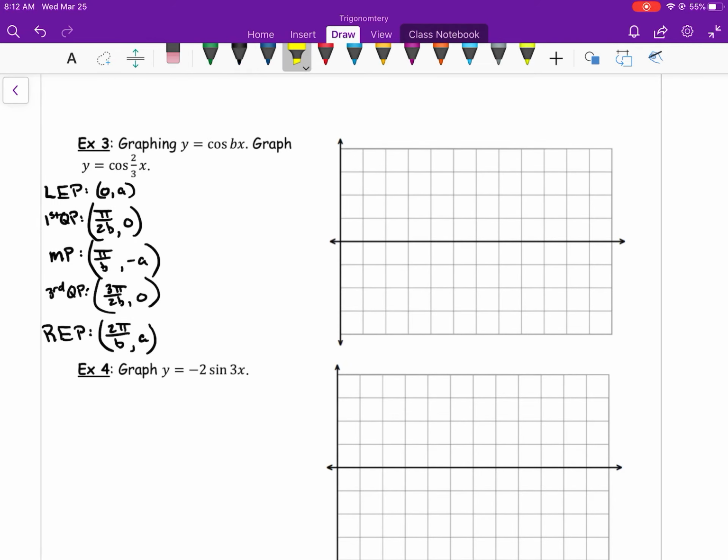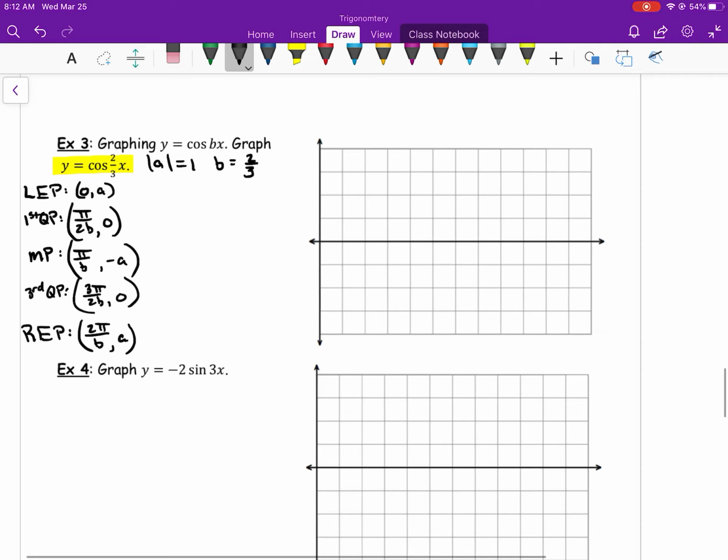Alright. So here we're dealing with cosine of 2/3 x. So here, my amplitude, that's the value of a, which is 1. My b is 2/3. So this part will probably throw a mix into our algebra, but it's not too bad. Alright, so let's go purple. Let's start filling these in. So this would be 0, 1.